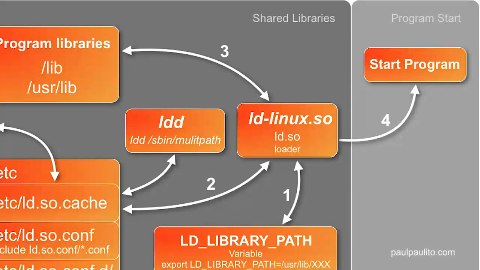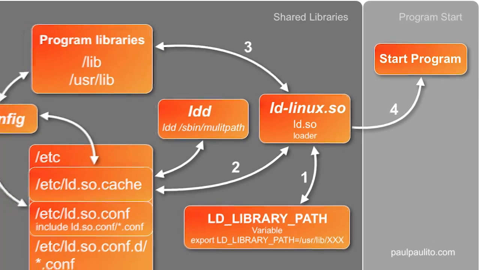From this information, it determines what libraries are required and which ones need to be loaded. ld-linux.so then performs dynamic linking to fix up all the address pointers in your executable and the loaded libraries so that the program will run.